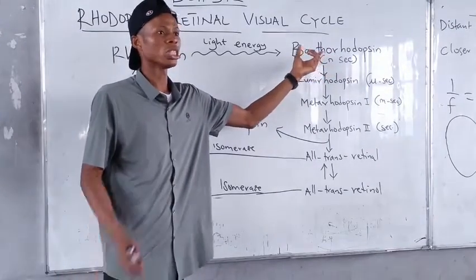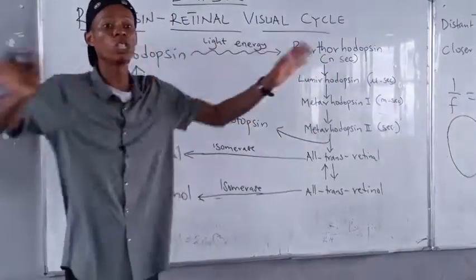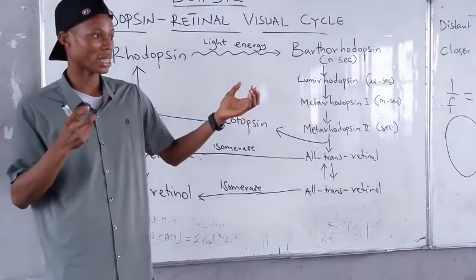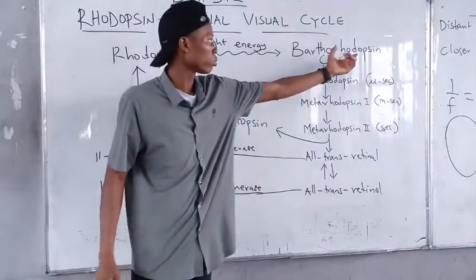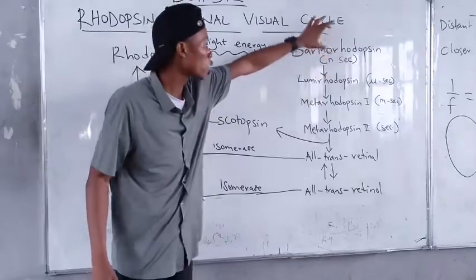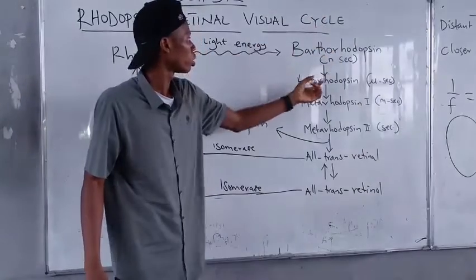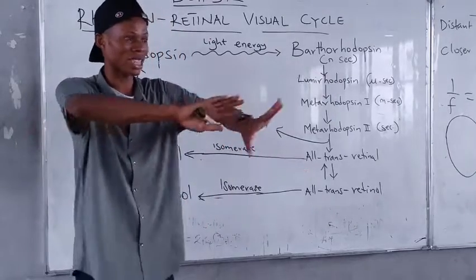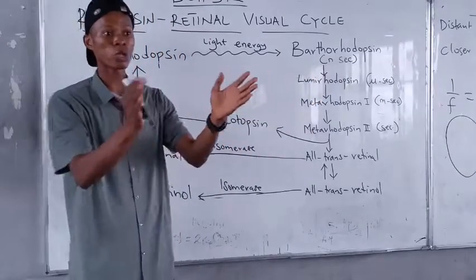In bathorhodopsin, the all-trans retinal has not completely fallen out; it is only partially dissociated. Do you get that? And in nanoseconds, this is converted to lumirhodopsin. As the dissociation goes on, it is a gradual process.